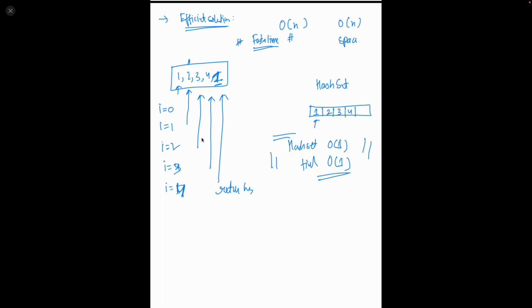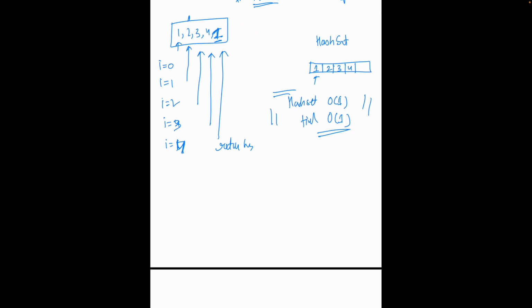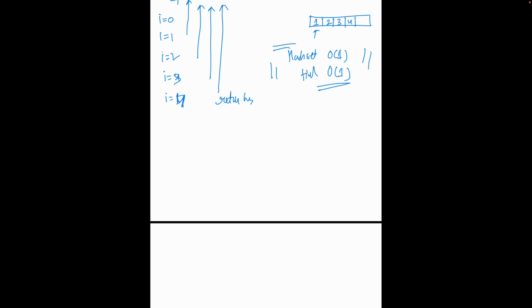So the code will be, let's say, set of integer, you can say st, for int i equal to 0, i less than nums dot size, i plus plus.